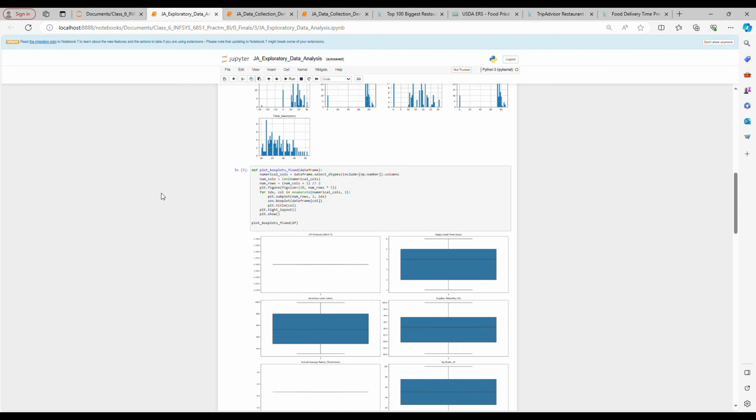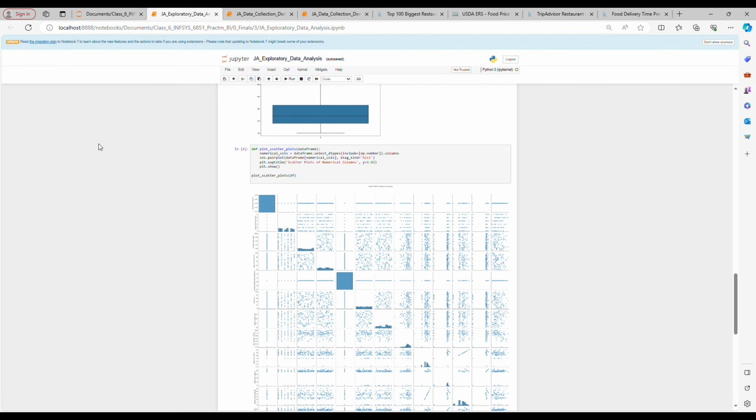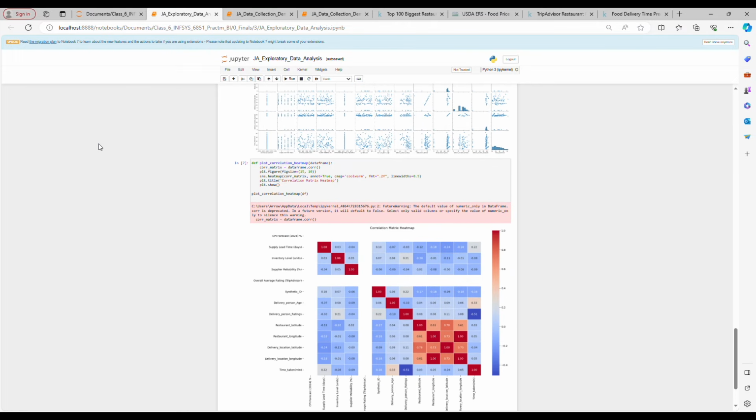The scatter plots give a visual understanding of the relationship between pairs of numerical columns. A positive slope in the scatter plot suggests a positive correlation. Likewise, a negative slope suggests a negative correlation. A scatter plot without any clear pattern would suggest a weak or no correlation between the variables.